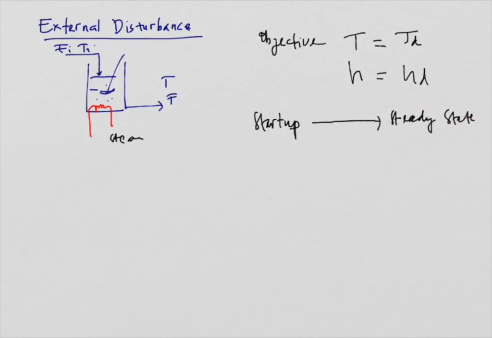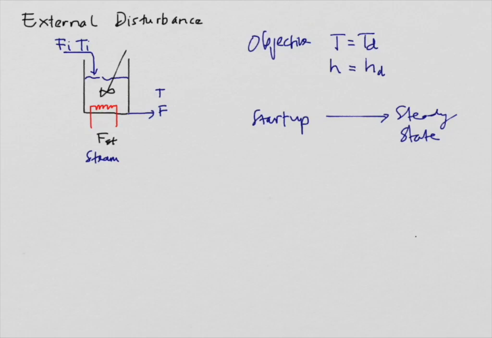We always assume a system, once established, is running in steady state when there is no external disturbance, no change of flow rate Fi and temperature Ti, or no change of flow rate of steam. So the system remains in steady state condition.